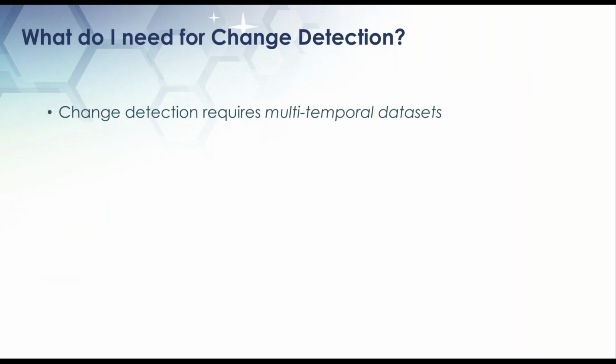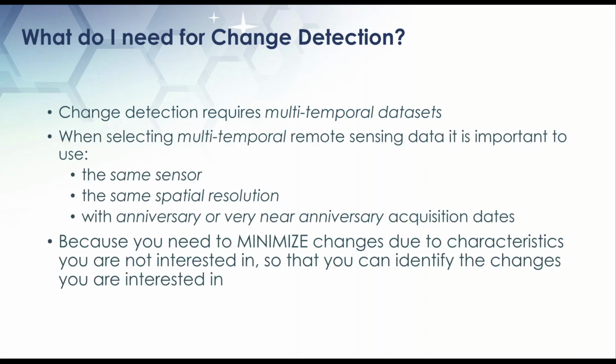So what kind of data, what kind of information do you need for change detection? So obviously, change detection requires multi-temporal data sets, right? So you need more than one image in time in order to look at that change over time.